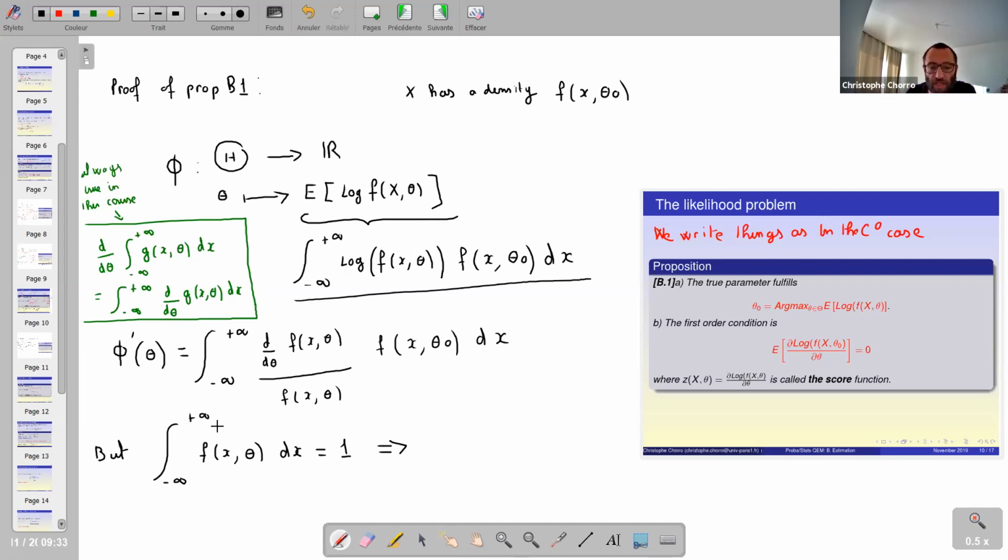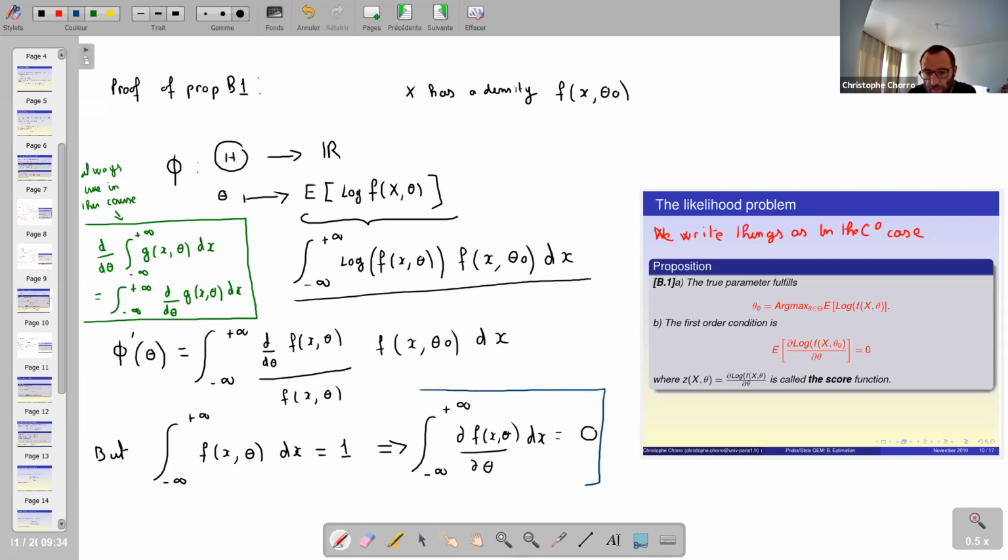So if I compute the derivative with respect to theta of this relation here, I obtain that the integral between minus infinity and plus infinity of the derivative of f(x, theta) with respect to theta, computing the derivative of this one with respect to theta, and computing the derivative of 1 with respect to theta gives 0. So I have this relation here for any theta.